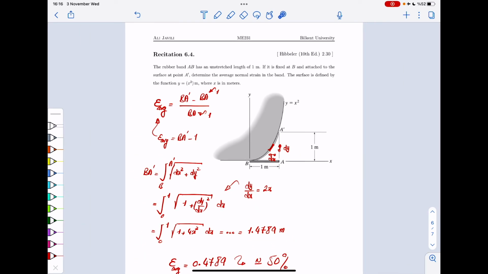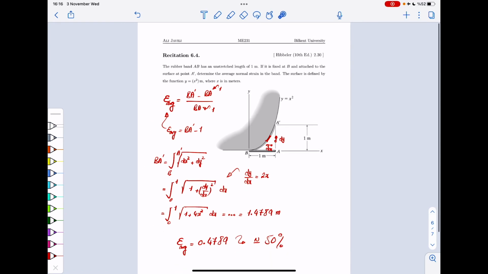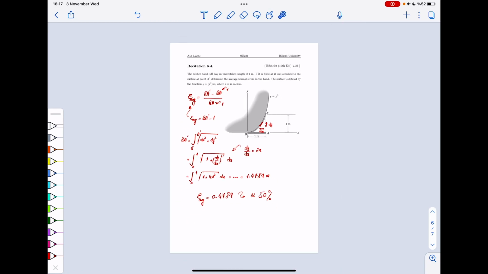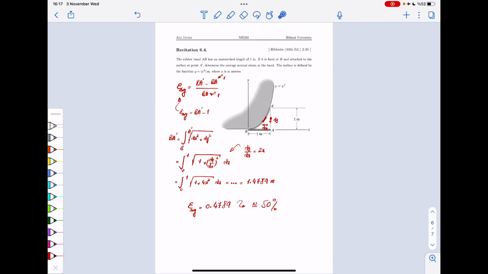So, rubber band is very soft and elastic. So that kind of works. But for our usual engineering question, you usually have 2 zeros before seeing any number here, so be aware of that. Do you have any question? All right, this was the last exercise for this recitation.